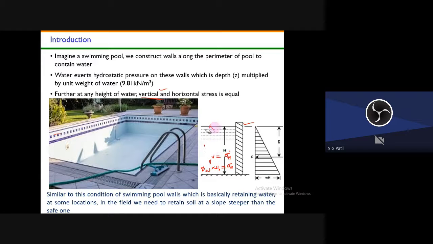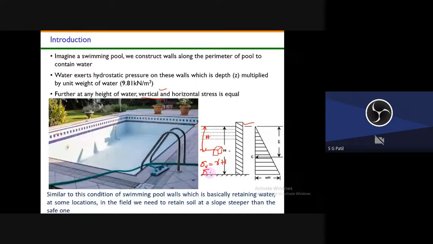Suppose now instead of water I will retain the soil here. If I retain the soil, suppose at this level I want to see what are the stresses acting on the soil element at this level. So this is my H1. Okay, so my sigma vertical stress is equal to the unit weight of soil into the depth or height.